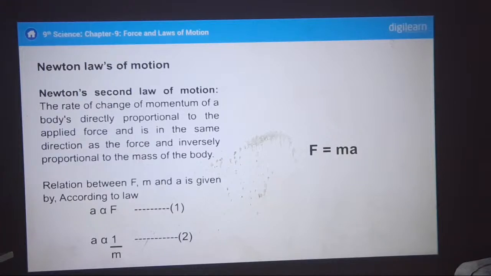Let m be the mass, the resultant force acting on the body be F, and a be the acceleration. According to the law, acceleration is directly proportional to force. Acceleration is inversely proportional to mass.